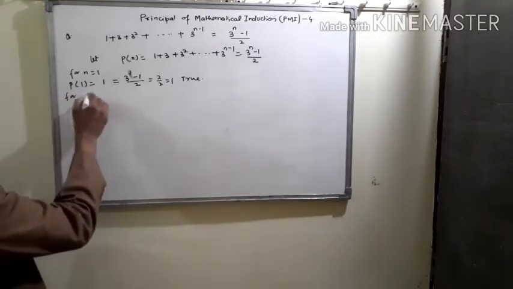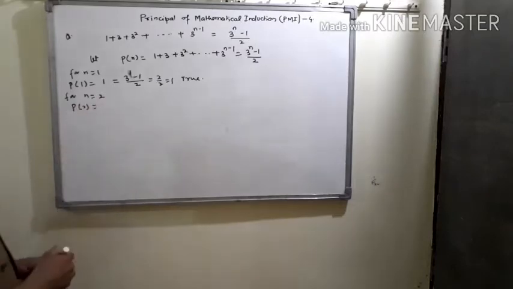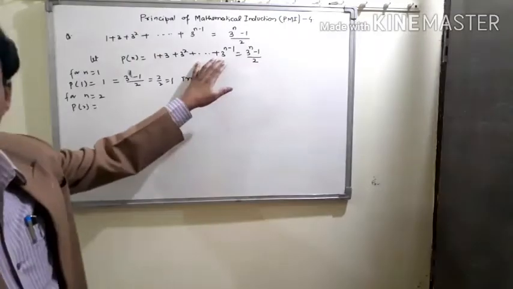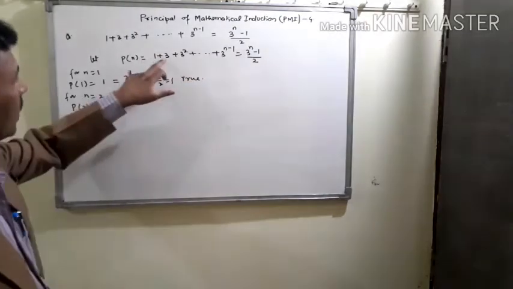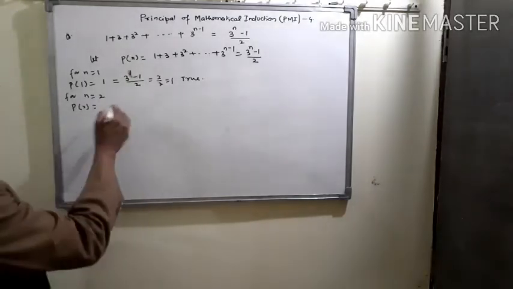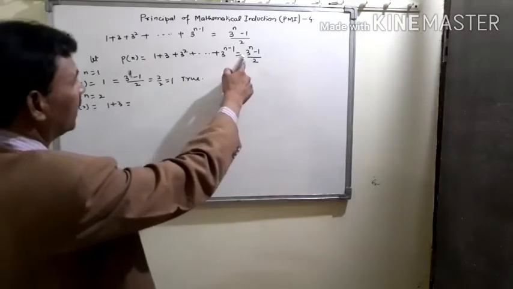Now the same for n = 2. P(2): if we put n = 2 in this statement, we take two terms from the left side, the first and second. Then 1 + 3 = (3^2 - 1)/2 on the right side.